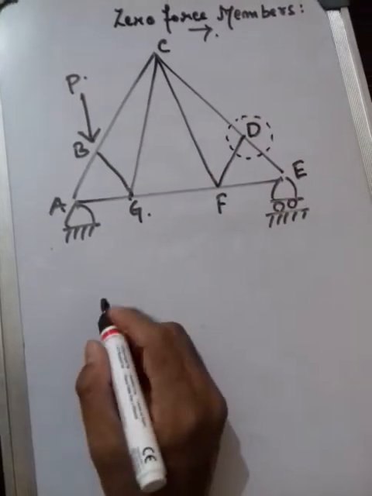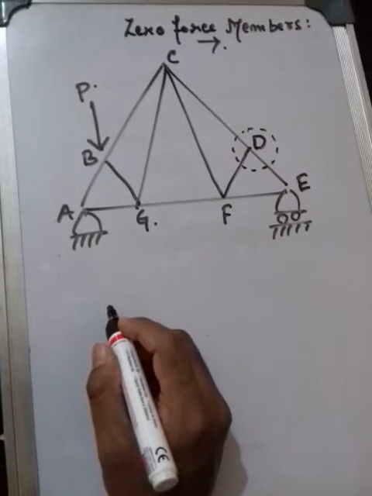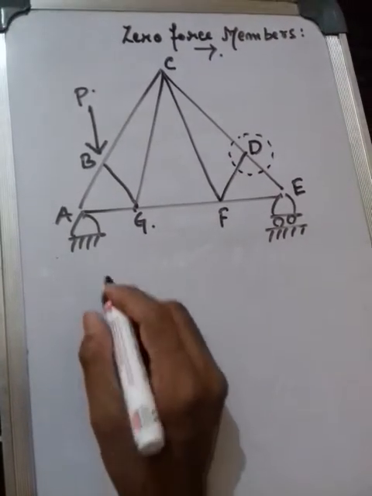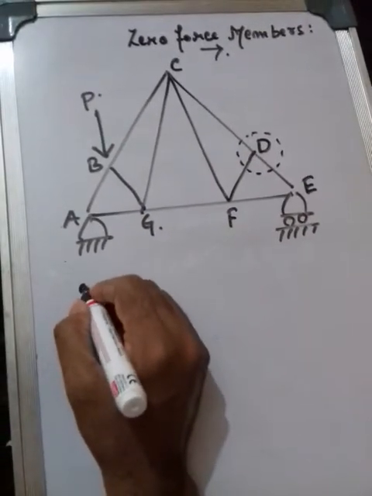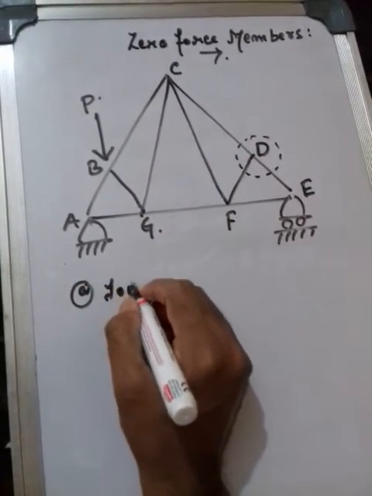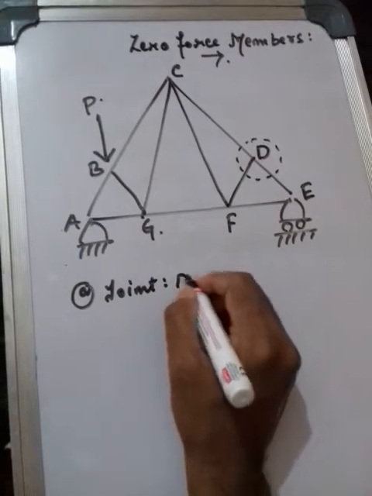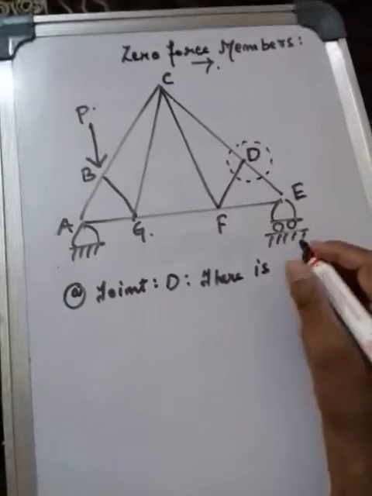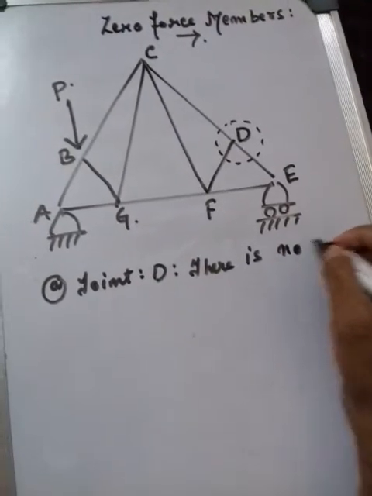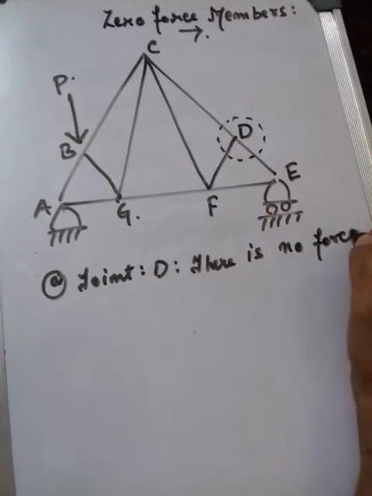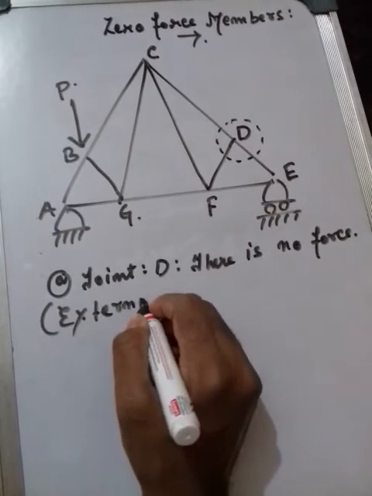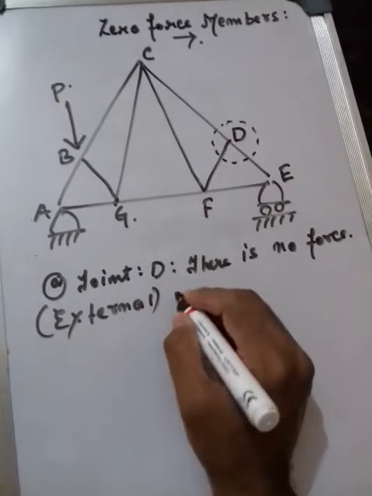Now see, D is what kind of joint? At joint D there are some properties which you need to know. At joint D there is no external force acting.